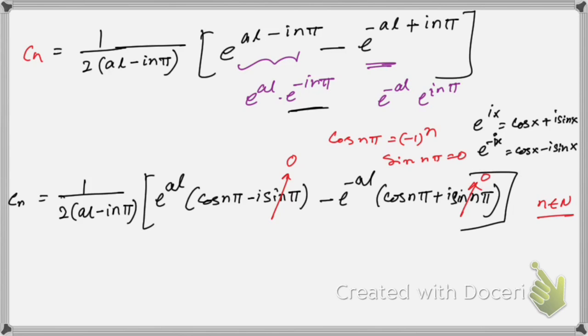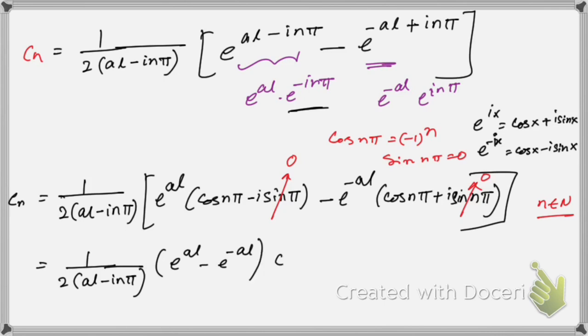If we use those values, our result will be something like this: 1 by 2 times AL minus i n pi, then within brackets e to the power AL minus e to the power minus AL, and here instead of writing cos n pi, let me write minus 1 to the power n. I have taken this cos n pi common and put in its value.